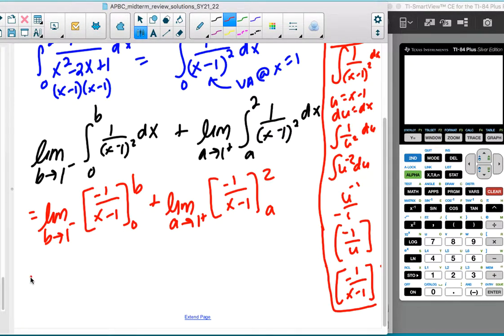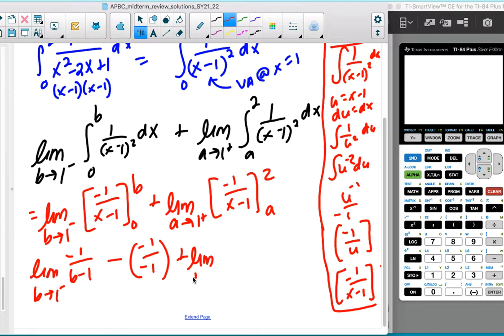I'm going to get that this is the limit as b approaches 1 from the left of negative 1 over b minus 1, minus negative 1 over negative 1, we'll deal with it, plus the limit as a approaches 1 from the positive side. Sorry, I should have put that second. So plus negative 1 over 2 minus 1, minus the limit as a approaches 1 from the positive of negative 1 over a minus 1.